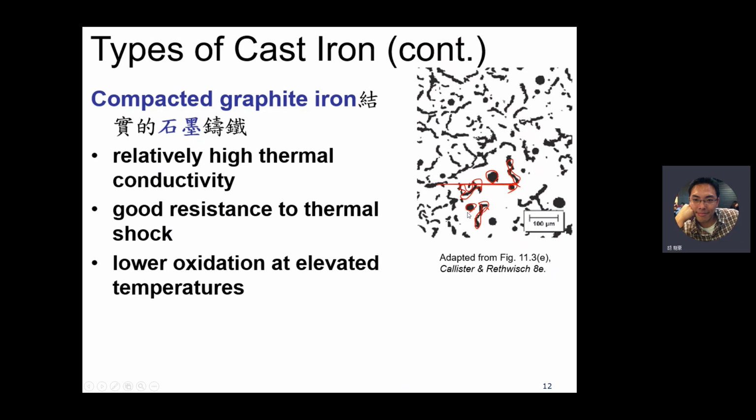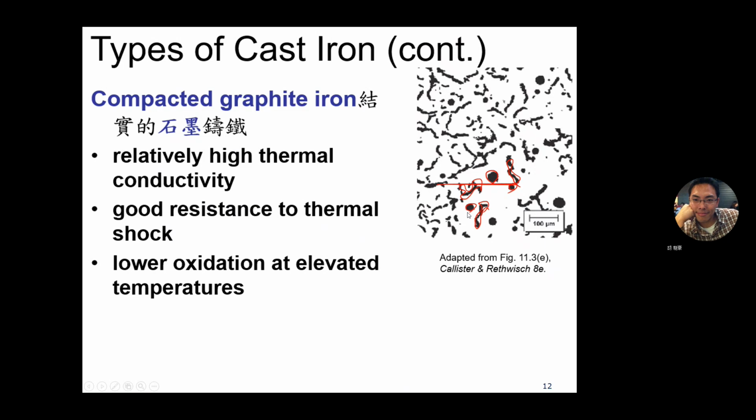It depends on your applications; you can select the different type of cast iron that you want. For this compact graphite iron, maybe it's not good to operate at elevated temperature because its oxidation resistance is poor. However, it has good resistance to thermal shock and relatively high thermal conductivity.